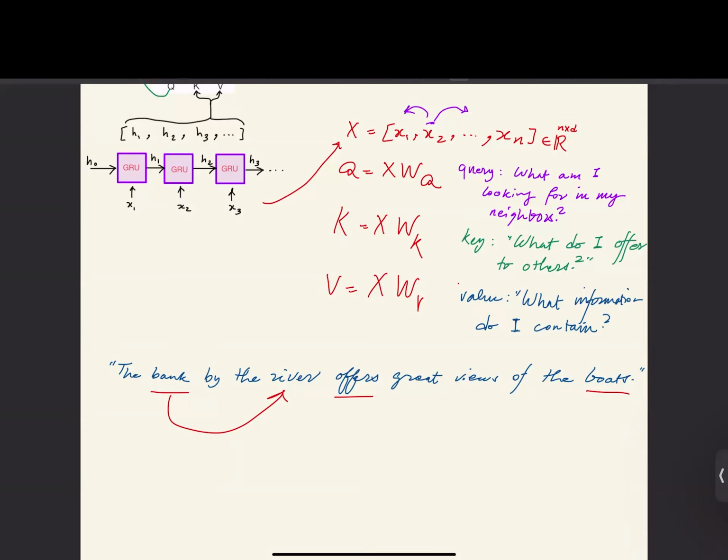And the model computes attention weights. There's high attention to river and boats and low attention to offers, let's say. And it combines these representations or values from these neighbors to basically add context to its meaning. So it realizes that, oh, this is a river bank, not a financial bank.